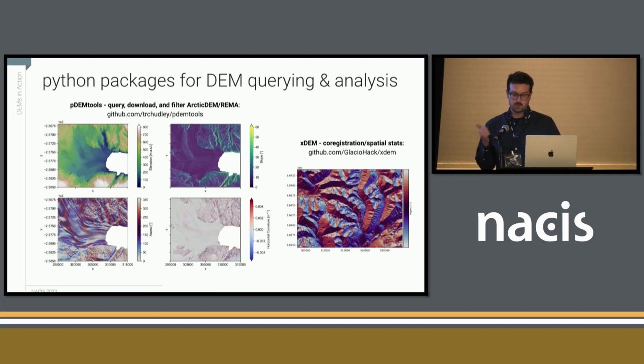This is a tool useful for programmatically querying, downloading, and filtering ArcticDEM and REMA. xDEM is a more general data science toolset for modular, scalable analysis of DEMs created by a group of geoscientists. So if you build any kind of data workflows around DEMs, I would recommend checking these out.